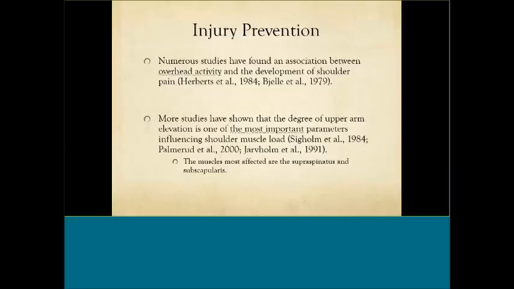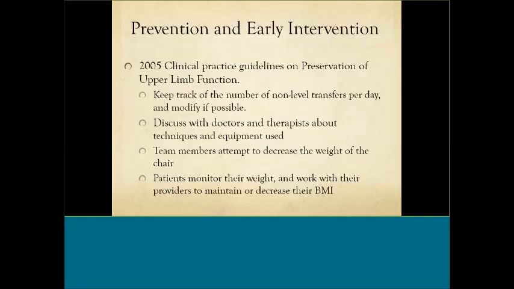All right, so again, prevention and early intervention. So I'm going to go back a little bit to the 2005 clinical practice guidelines. This is something that a couple of my colleagues at the VA were actually part of. And this is a really important document in terms of what can we do for our shoulders.